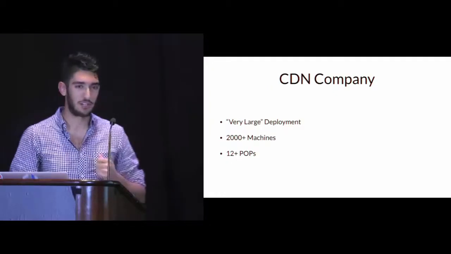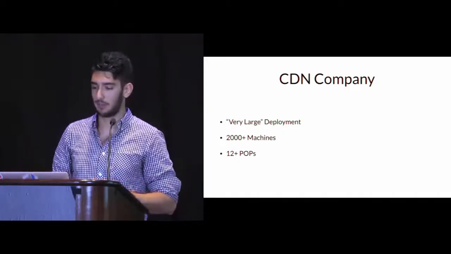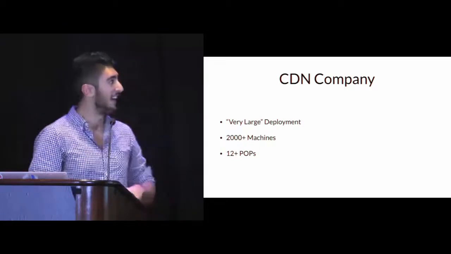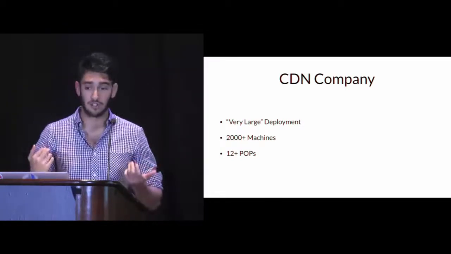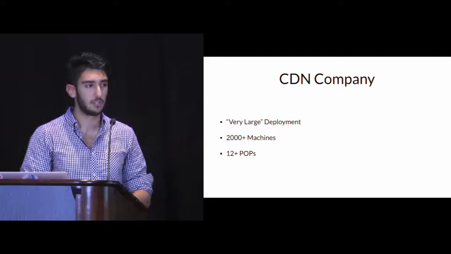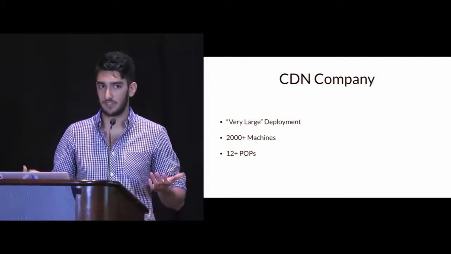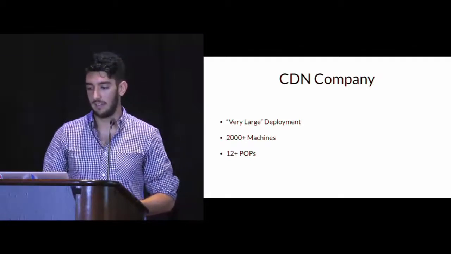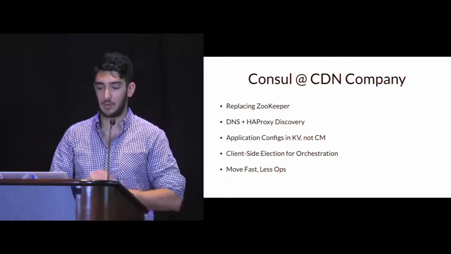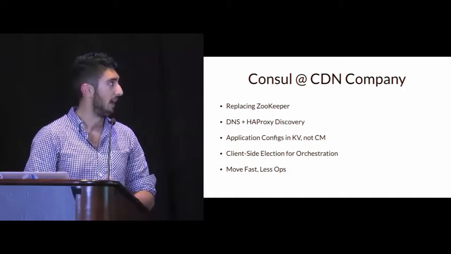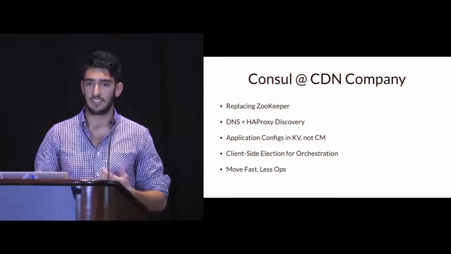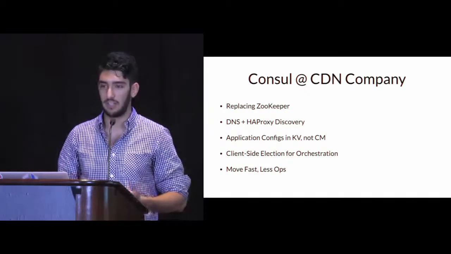Another one, which is also a cautionary tale of why you don't email someone's legal department 2 days before you need something. I can't release their name yet, but they're a very large CDN company. Their deployment currently spans 2,000 machines across 12 points of presence, or POPs. They're adopting it totally, more than just service discovery. They're replacing Zookeeper. They use DNS and HAProxy for their service discovery.